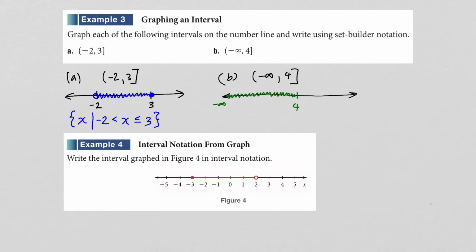And 4 is included because it has a bracket, so we put a solid dot there. So now in set builder notation, this will be the set of x such that, how do we describe this? Well, these are all the numbers x that are less than or equal to 4. So we're going to say x is less than or equal to 4.